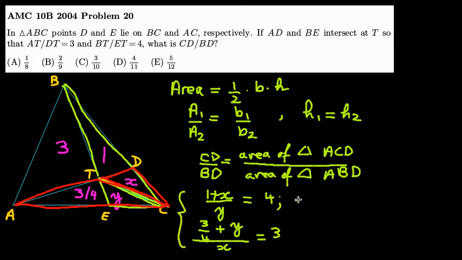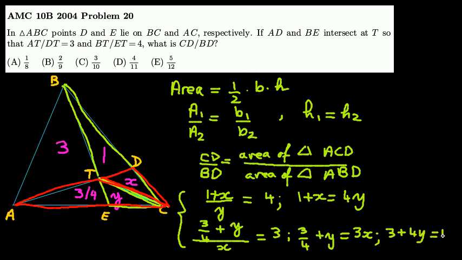So now we have our two equations. Let's do some simplification. Let's multiply both sides of the first equation by Y, so we get 1 plus X equals 4Y. And in the second equation let's multiply both sides by X, so we get 3/4 plus Y equals 3X. We can also multiply by 4 to get rid of the fraction, to get 3 plus 4Y equals 12X.